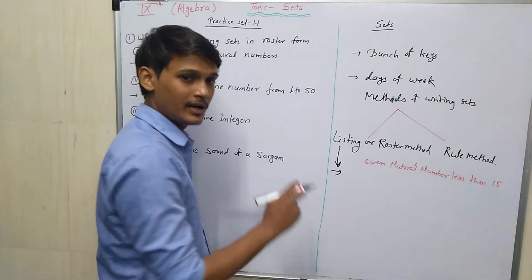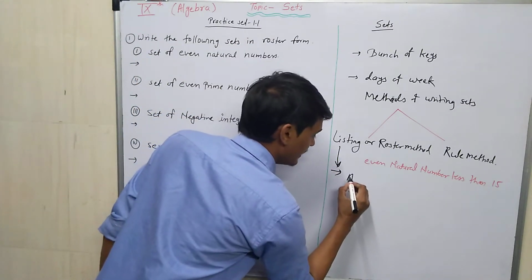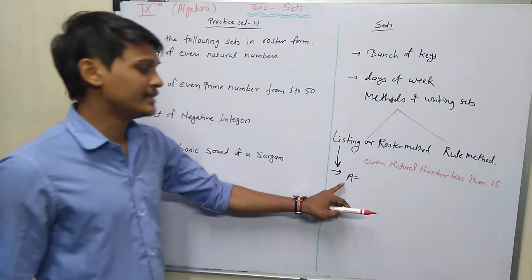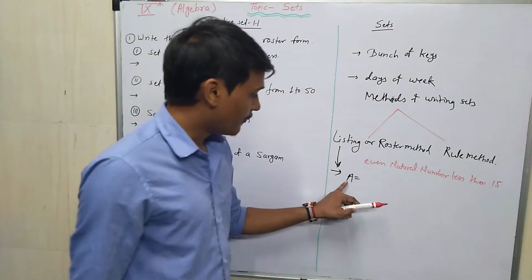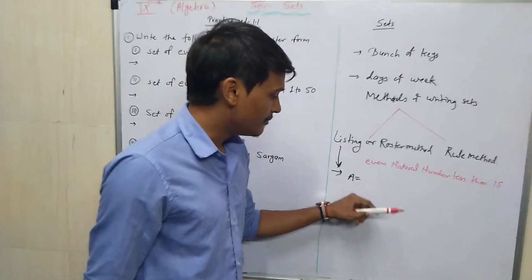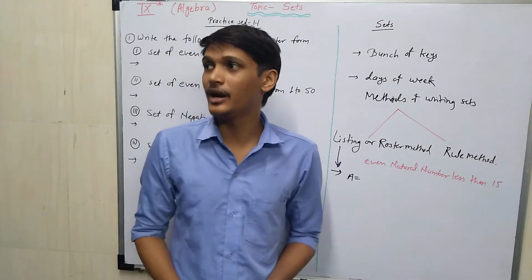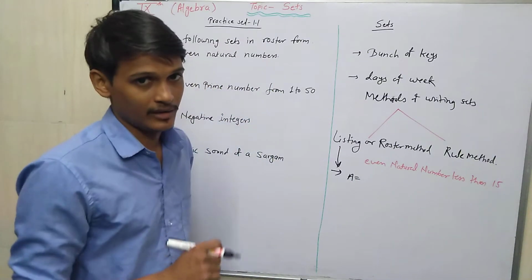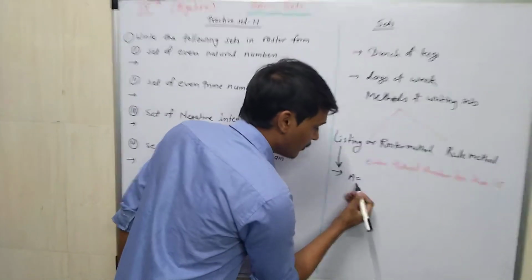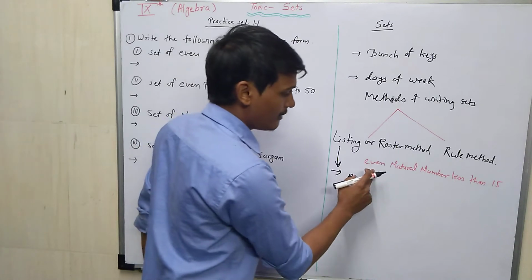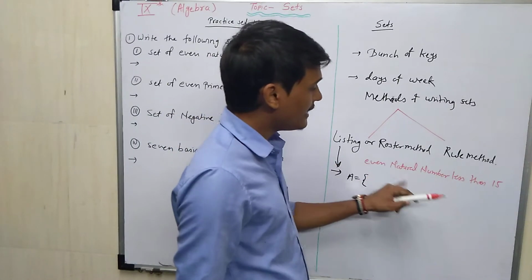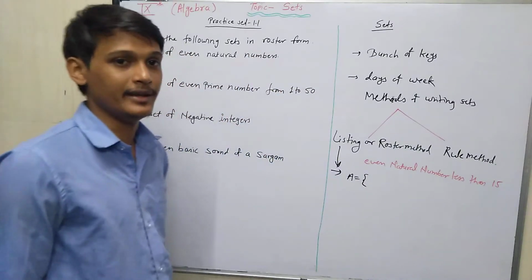How to write it in the listing method? First write down A. A is the set, because first we write the set name in a capital letter. Then the equal sign, then a curly bracket. And what is the question? Even natural numbers less than 15.